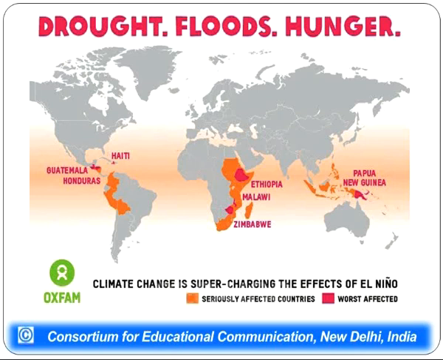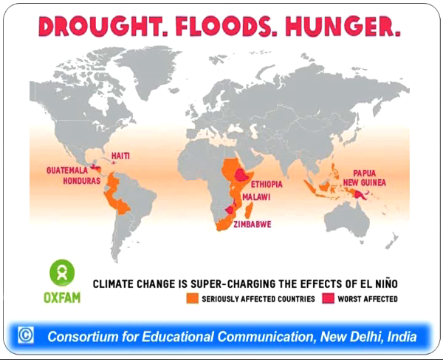Earlier snow melt, then you can find the regional variations in this. And so, what you can see, climate change is supercharging the effects of El Nino, and you can see here the seriously affected countries: some parts of Latin America, northern part of South America, northwest part of South America, then the eastern part of Africa, and then some parts of Southeast Asia.